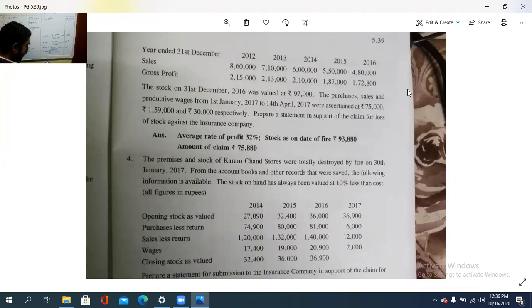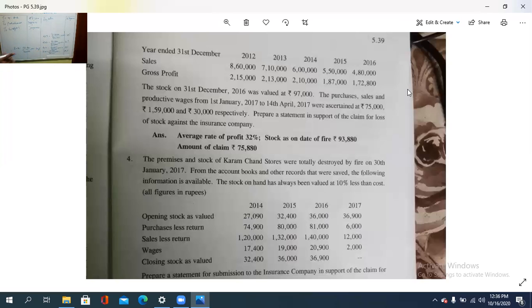Then fourth year it is 1,87,000 divided by 5,50,000 into 100, it is 34%. Okay. Then fifth year it is 1,72,800 divided by 4,80,000 into 100, it is 36%.